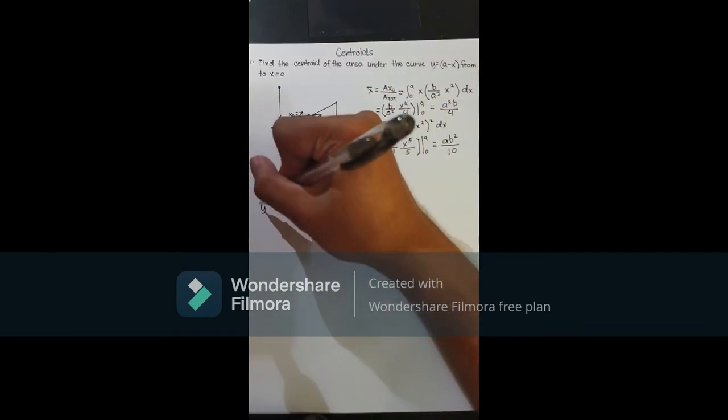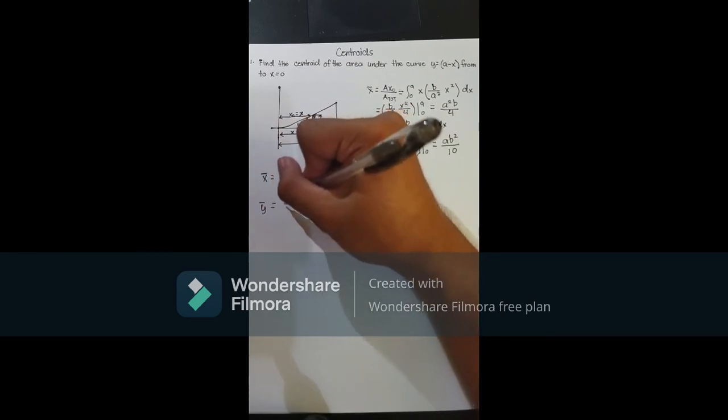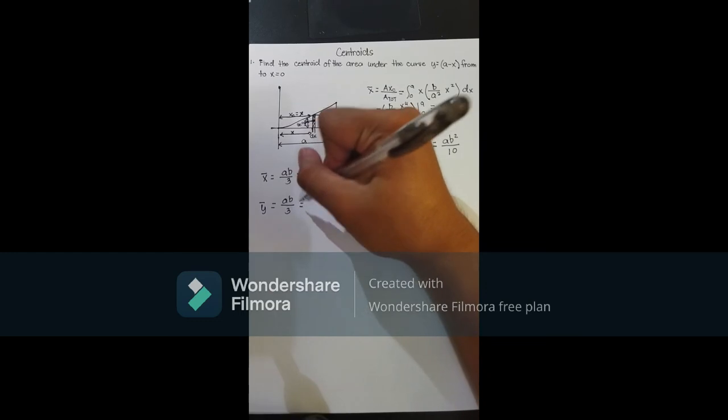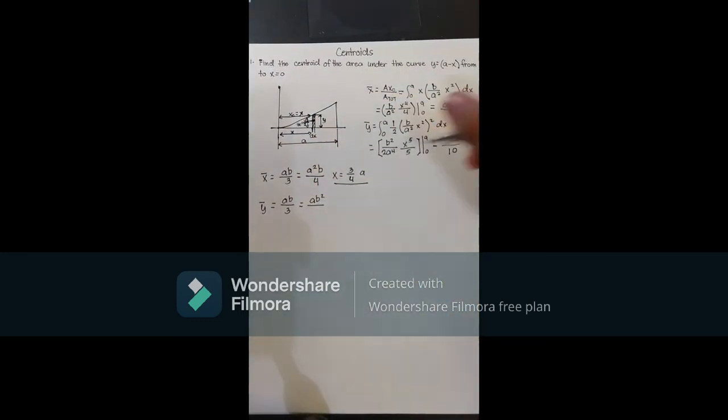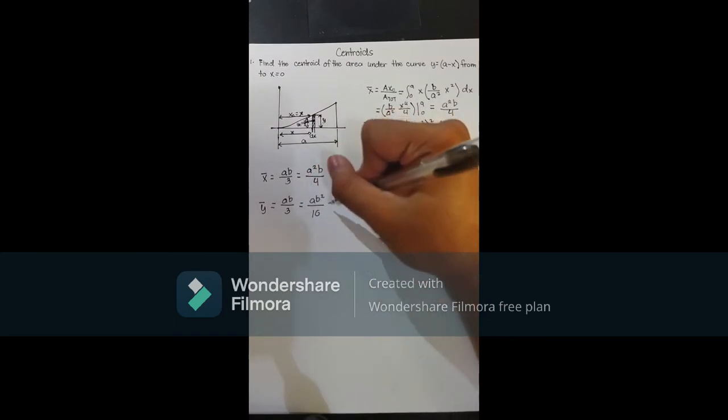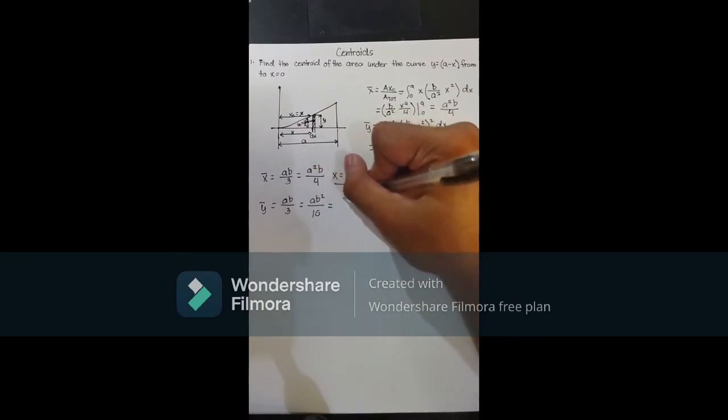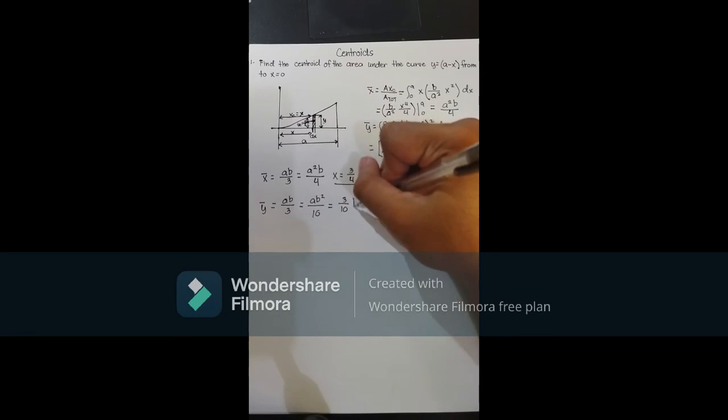And y, same again, times ab over 3 equals ab squared over 10, and the answer is equal to 3 over 10 b.